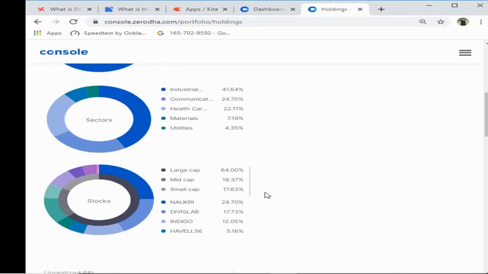Now if I try to show you stock wise, here we have invested 24.7% into Naukri.